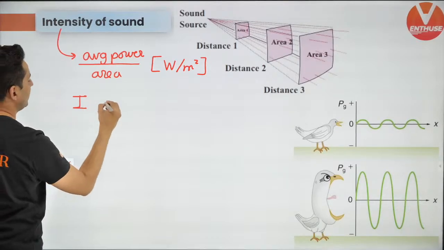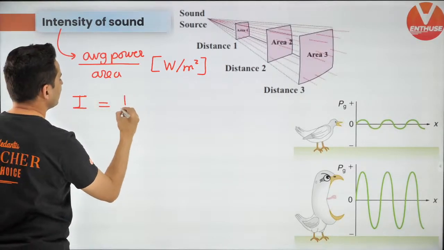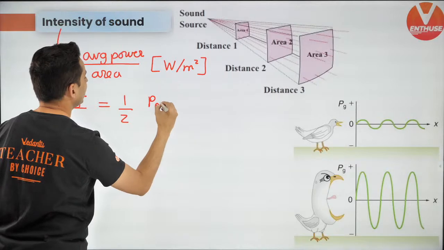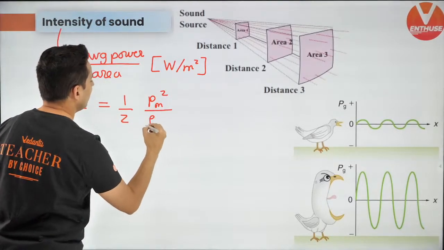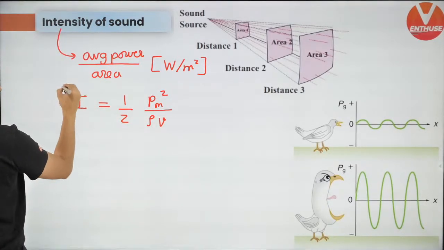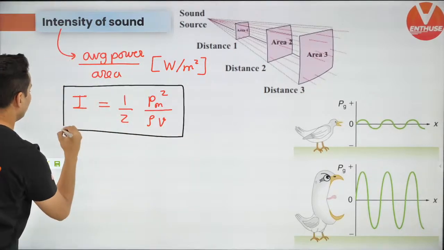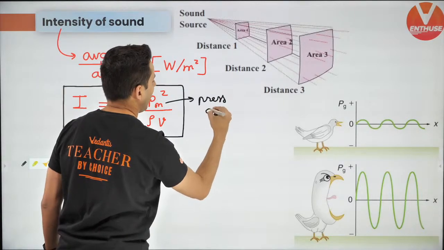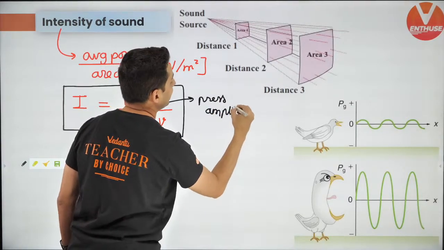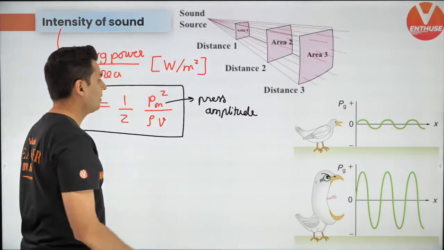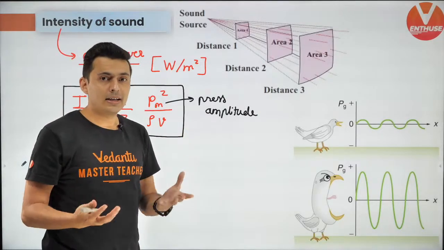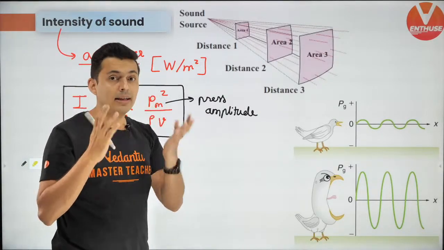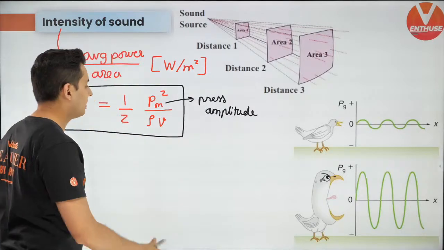And the formula for intensity is similar. Half pressure amplitude square by rho into V. Keep this in mind. Very important formula. PM is your standard pressure amplitude. I'm writing this again and again. You will understand why, because the more you write it, the more it will get into your head. You will never forget what is PM. That's why I'm writing it.